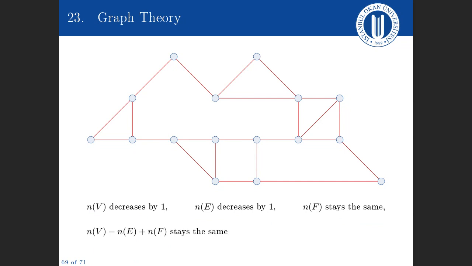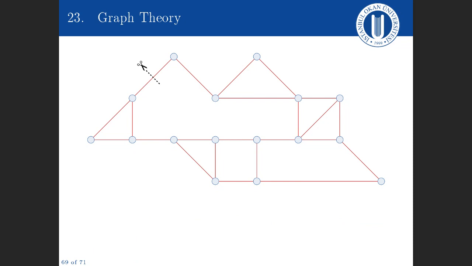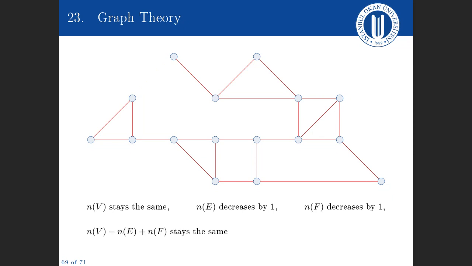What else can we do to simplify a graph like this? We could cut an edge which is not connected to a pendant vertex. And then what happens if we do that? The number of vertices is not going to change if we remove this edge. NV is going to stay the same.